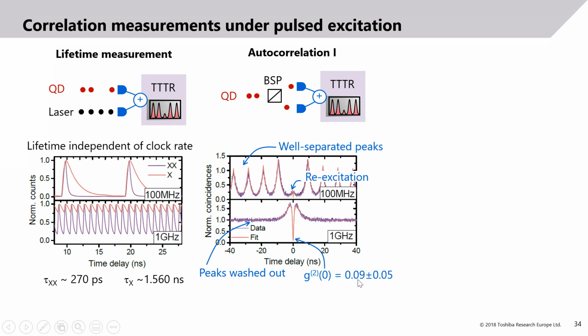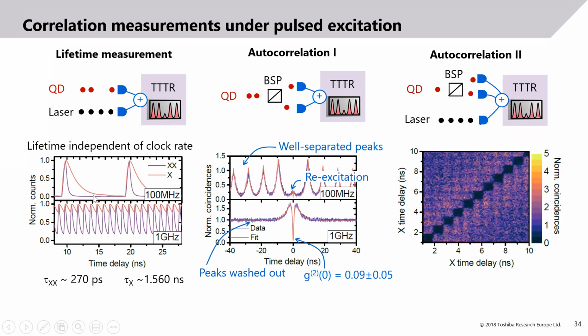We did one last measurement to show that within one pulse, we still only get 1 photon. That measurement is to do this g2 measurement in a separate way. Here we correlate the arrival of the two quantum dot photons with the arrival of a laser photon. This leads to a 2D map like this, where the two time delays are just the delay between the laser photon and either of these two.